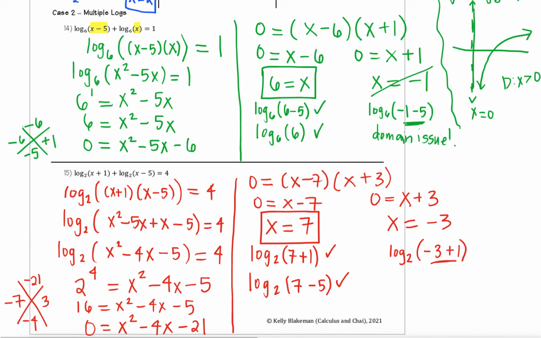In this case, negative 3 plus 1 is going to give us a negative 2, which is less than 0, and so this is giving us a domain issue. And we're getting that domain issue because we cannot have the input to a log expression be a negative number. So x equals negative 3 is an extraneous solution, and our only valid solution here is x equals 7.